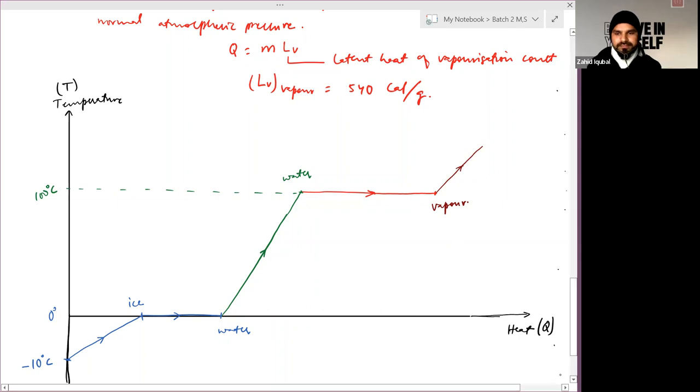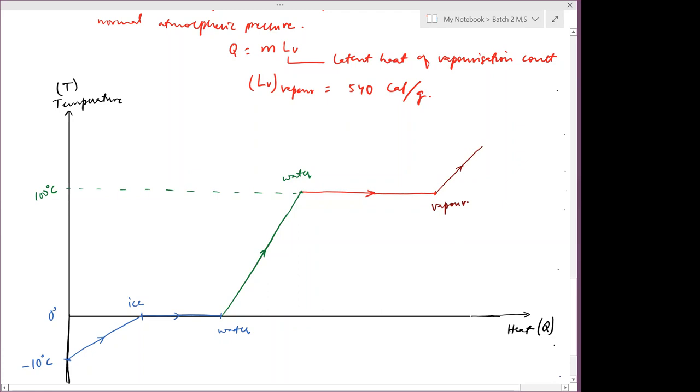Samaira? Don't know, sir. So I guess I know, but I'm not sure about my answer. Is it due to the latent heat? Like when the heat is supplied to increase the temperature of substance?